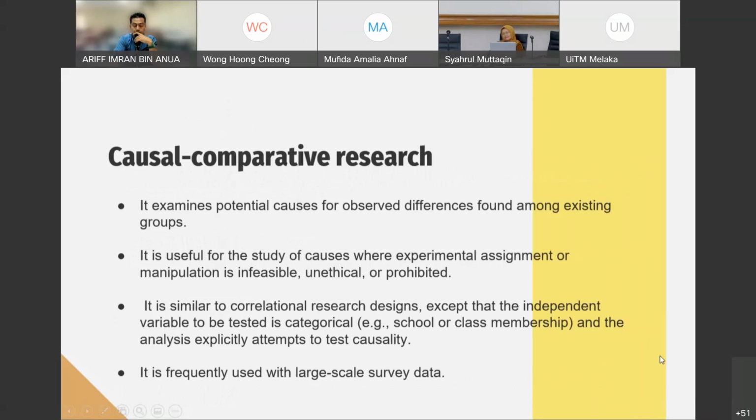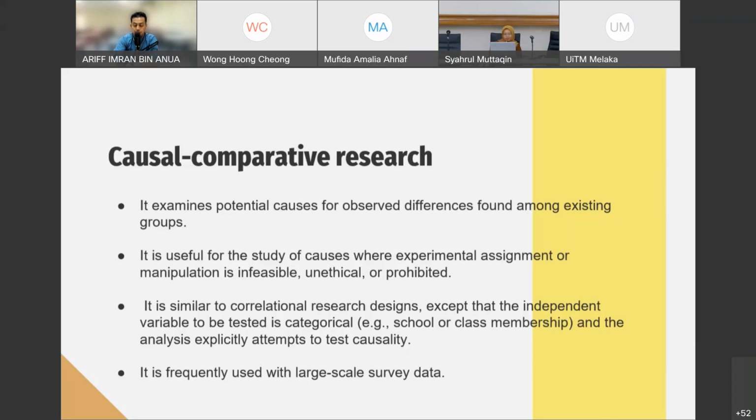Yeah, well, ladies and gentlemen, now we come to the next kind of research that is causal comparative. For this one, for causal comparative research, it examines potential causes for observed differences found among existing groups. So say, for example, when you are plunged into a typical classroom and then you want to know the achievement between two different sexes.